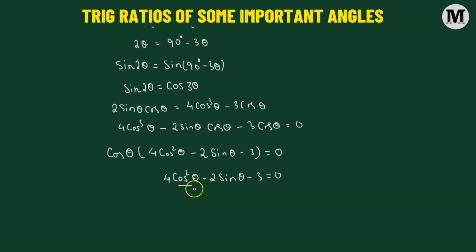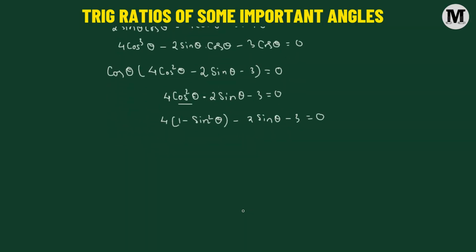And now what we'll do, we'll replace cosine squared theta with 1 minus sine squared theta, minus 2 times sine of angle theta minus 3 equals to 0. What we're trying to do is convert all the terms to sine. So now we have 4 minus 4 times sine squared theta minus 2 times sine of angle theta minus 3 equals to 0.